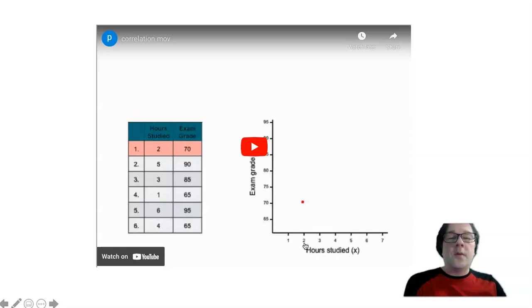And then it's going to go up on the y-axis, which is their exam grade, and in this case, they got a 70. So this data point right here represents this participant and their values on each of those variables. I'll play this video and you can see how this scatter plot forms.